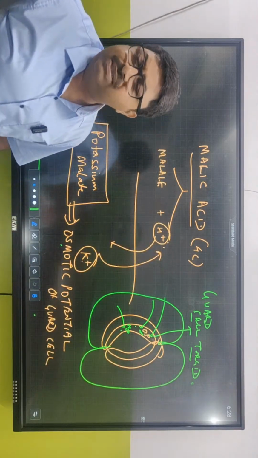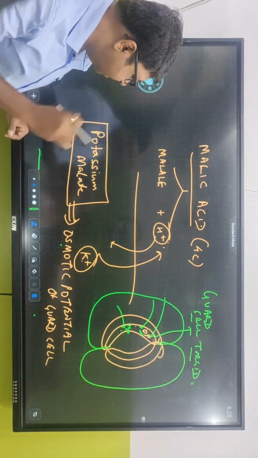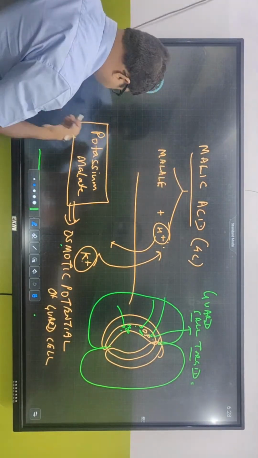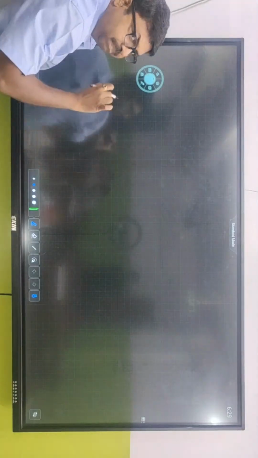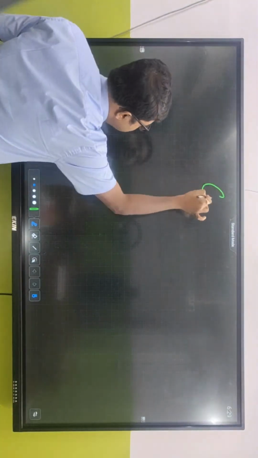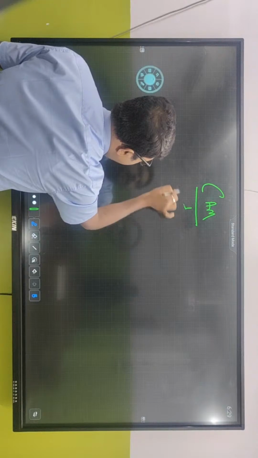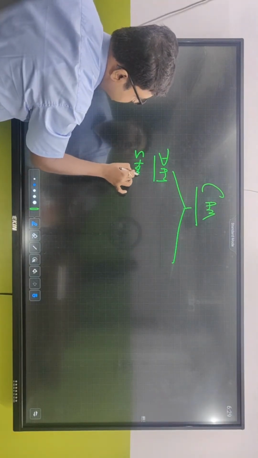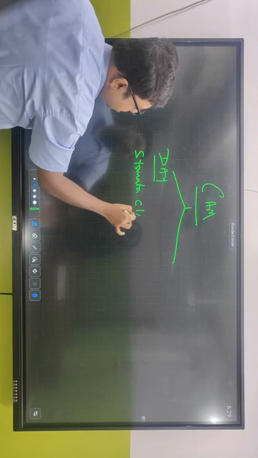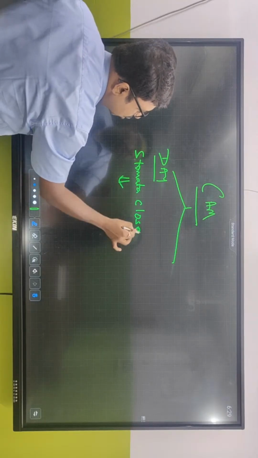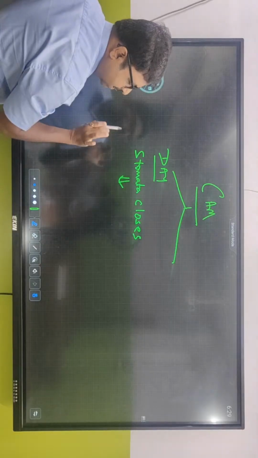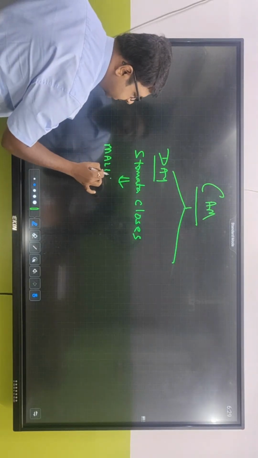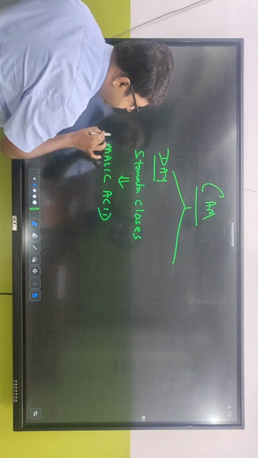The stomata open up. So in the case of xerophytic plants, in crassulacean acid metabolism, the CAM pathway, during the day the stomata close. What happens? Will malic acid break down, or just sit there once formed? When will malic acid break down?